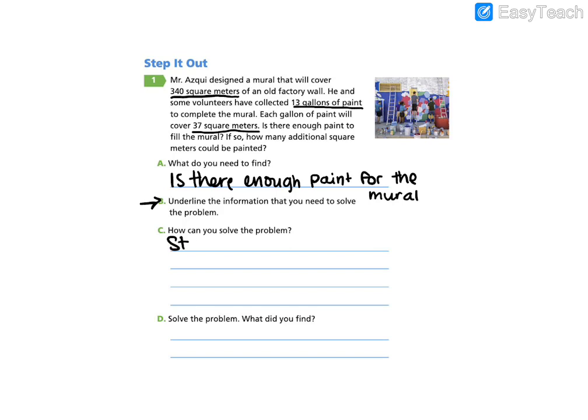Step 1, we need to find out how much paint they have. We know they have some amount of paint, right? 13 gallons that covers 37 square meters. So we know there's some paint. We need to find out how much paint they have. And then step 2 is, is that enough?